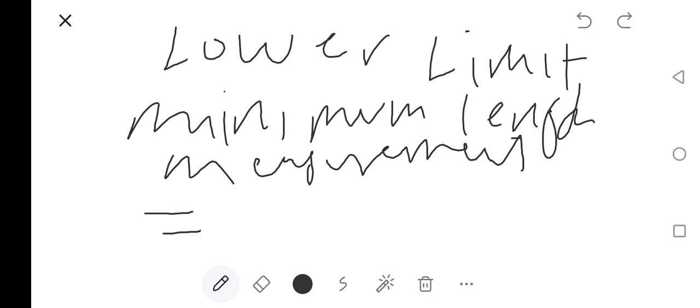You simply say true value minus error. That's all. When they ask you to find the lower limit, or the minimum length, minimum measurement, minimum mass, as long as it's minimum measurement, you have to subtract the error from the true value.